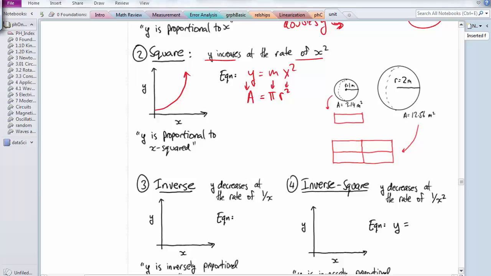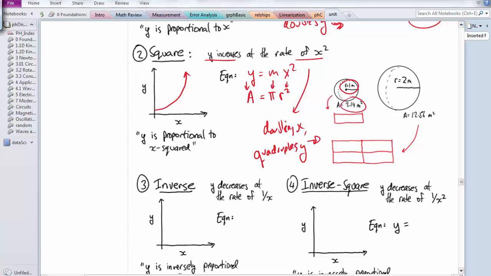The way we can visualize this is, for example, if I were to double x, doubling x quadruples the y value. What do I mean by that? Well, look over here. If I have a circle with radius 1, the area is 3.14 meters squared.